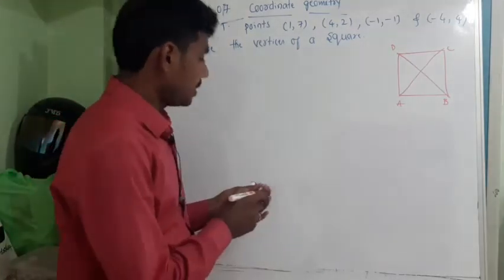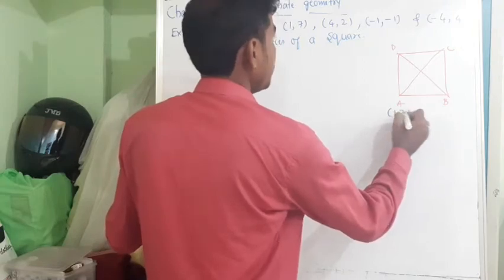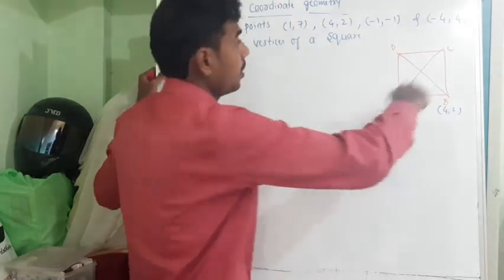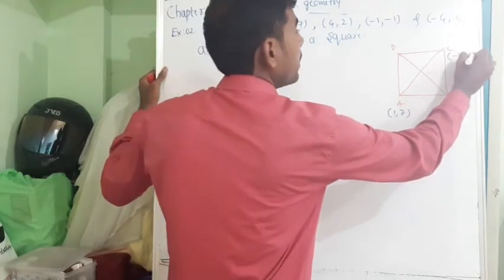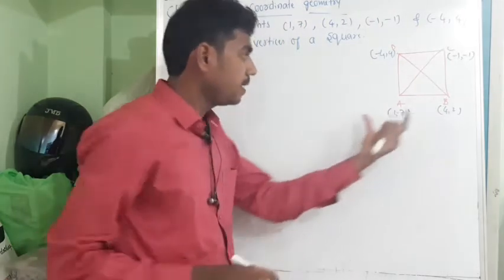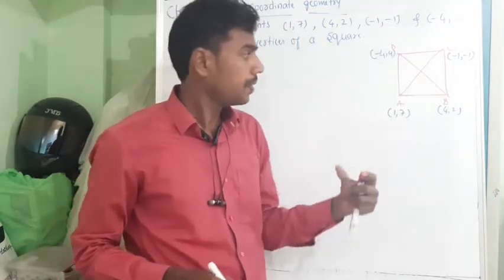Now, I name these points A (1, 7), B (4, 2), and we should name them in order, C (-1, -1), D (-4, 4). So we need to find the lengths AB, BC, CD and AD.